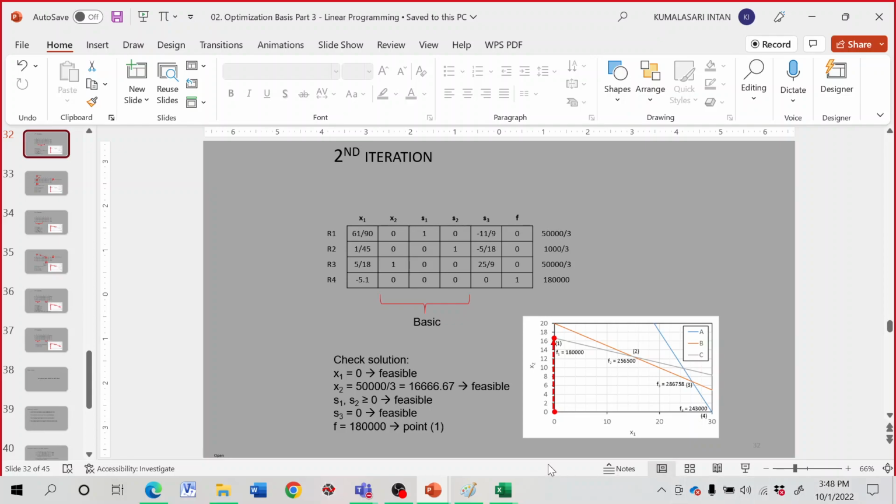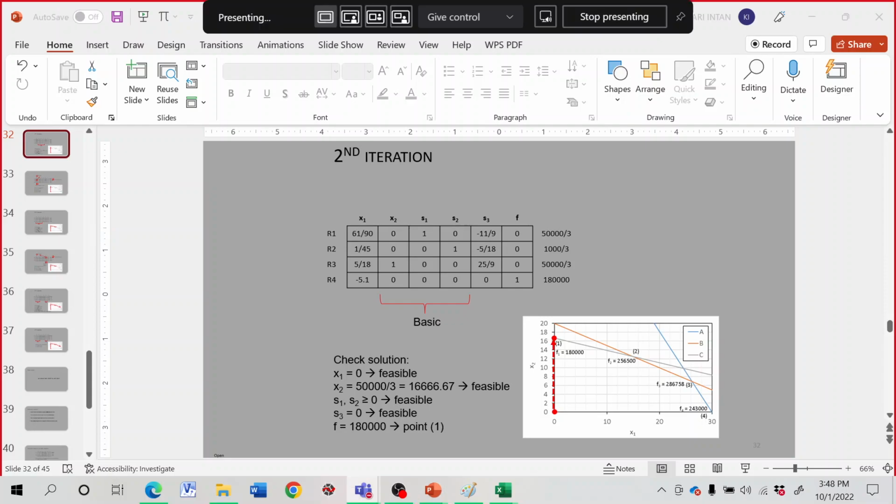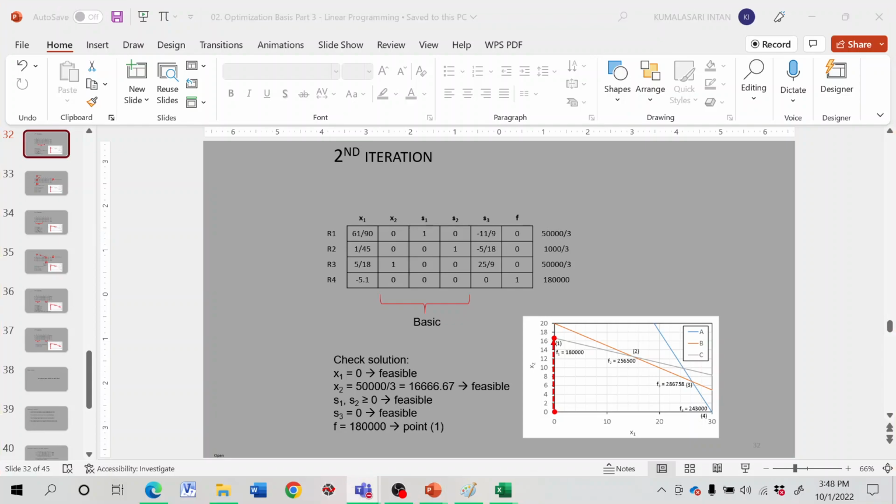Hi, doctor. I got one question, but not related to the topic. It's about the simulation software to access the UTP PC. I already gained access for the VPN, but how do I access the symmetry? Share me your screen. Share my screen. Hold on. About the VPN or what?